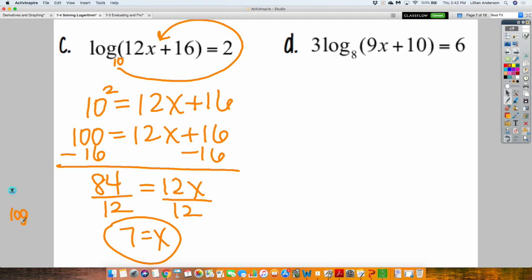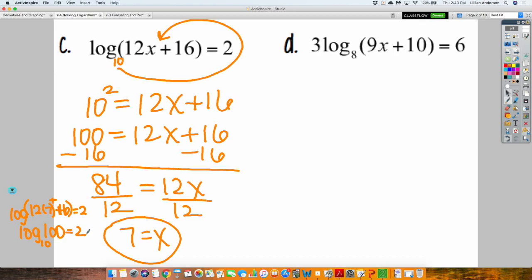When I go to plug it back in, I have the log of 12 times 7 plus 16 equals 2. We know that 12 times 7 is 84. 84 plus 16 is 100. So I have a log of 100. What's the base? 10.